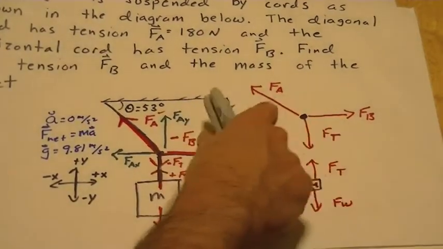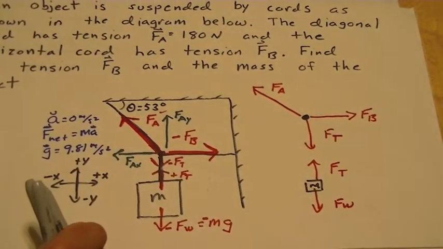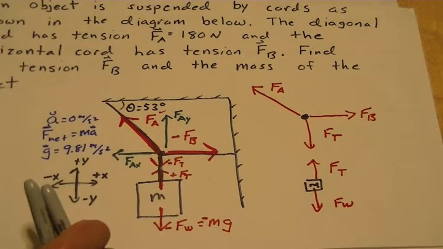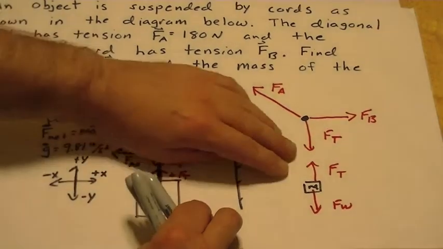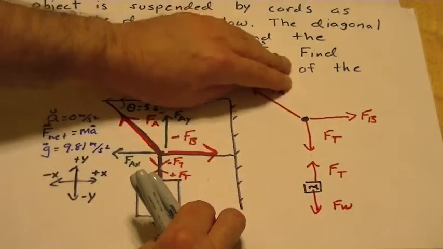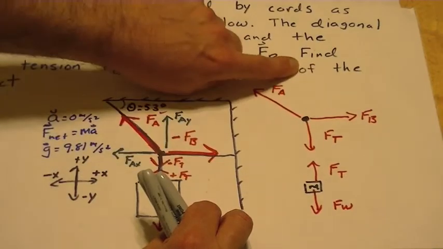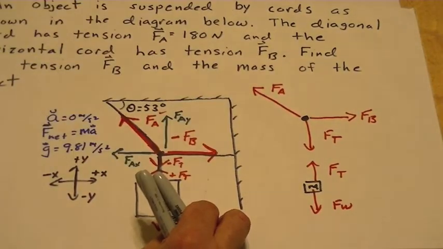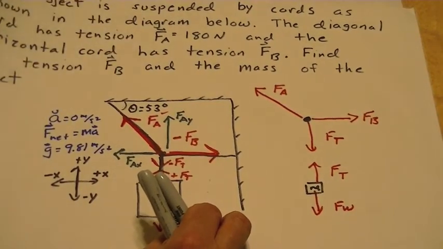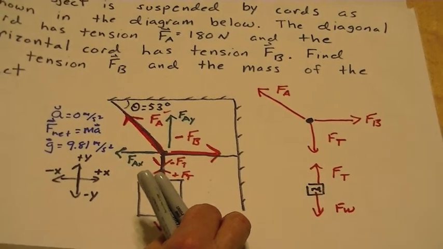I have three vectors, Fa, Fb, and Ft acting at that point. But what I would like to do is split it up into two separate problems. I would like to look at just the forces acting in the x direction, and just the forces acting in the vertical, the y direction. Well, by doing the components, Fa is now replaced by two simpler vectors to work with.